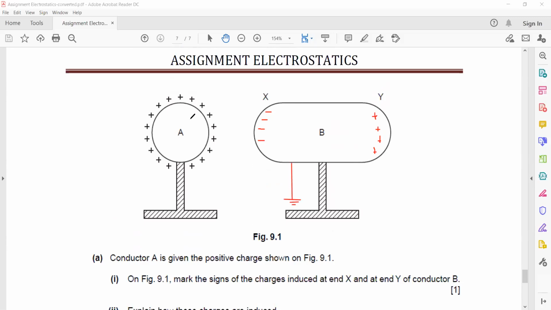The positive charges attract the electrons, so electrons will come up and neutralize these positive charges. At X, before earthing or after earthing, it remains negative. But at Y, because the positive charges are being neutralized by the electrons, the net charge at Y will be 0. Is it clear?